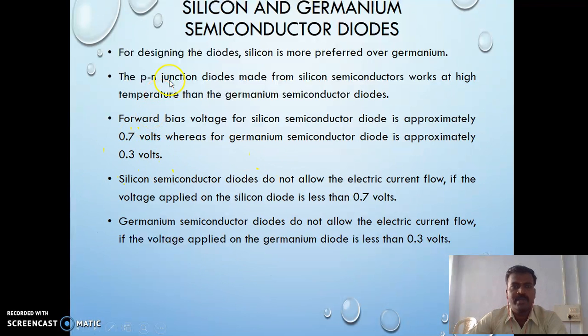For most applications, silicon is preferred over germanium because of this threshold voltage level. That is, silicon diodes do not allow the electric current to flow if the voltage applied on the silicon diode is less than 0.7 volts. Similarly, germanium diodes do not allow the electric current to flow if the voltage applied is less than 0.3 volts.